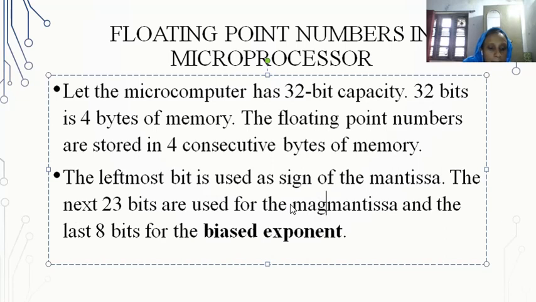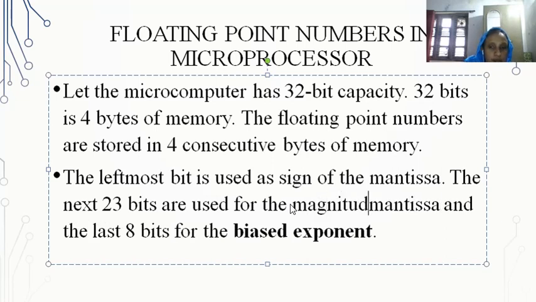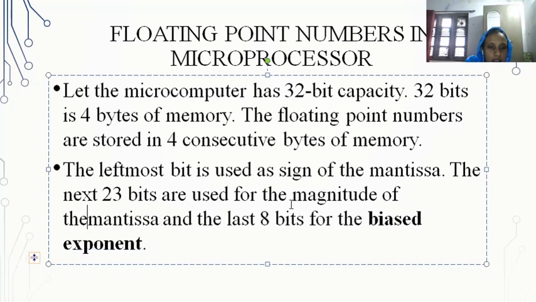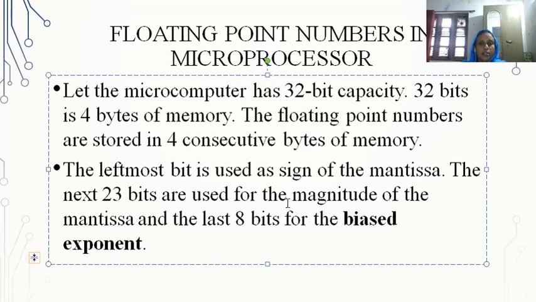The magnitude of the mantissa. Okay, the leftmost bit is used as the sign of the mantissa. The next 23 bits are used for the magnitude of the mantissa and the last 8 bits for the biased exponent. Okay, so there are 4 bytes of memory.